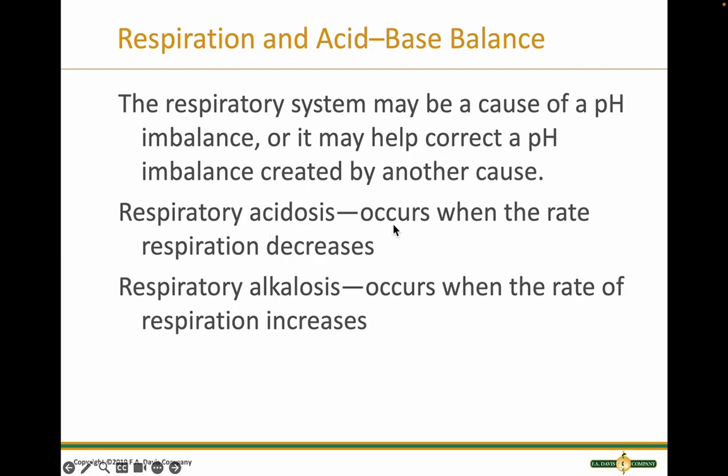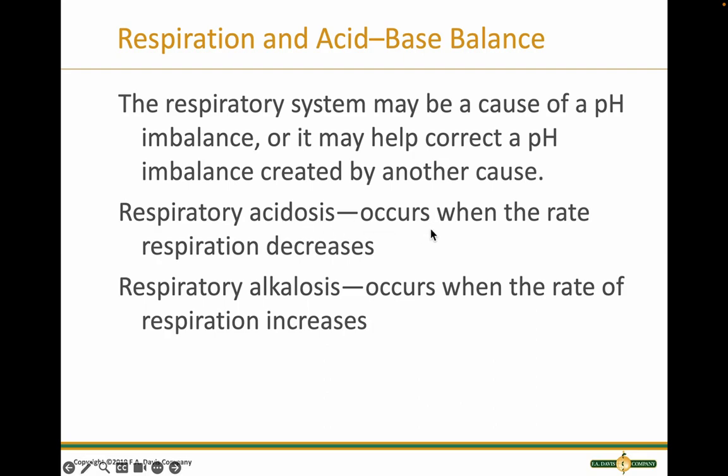An example of that would be when our respiratory rate decreases. When we're breathing out, we get rid of that carbon dioxide, which is an acid. If we decrease that rate, then we're holding on to that carbon dioxide in our blood, and that makes us what we call acidotic.